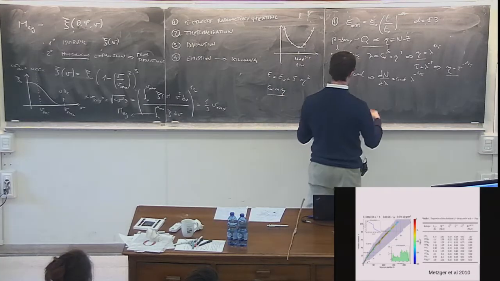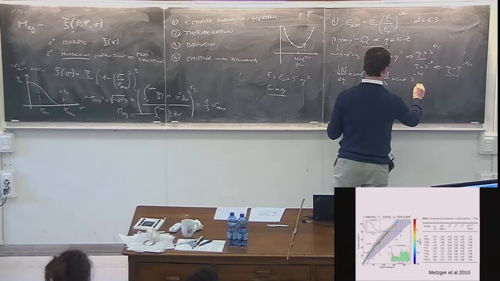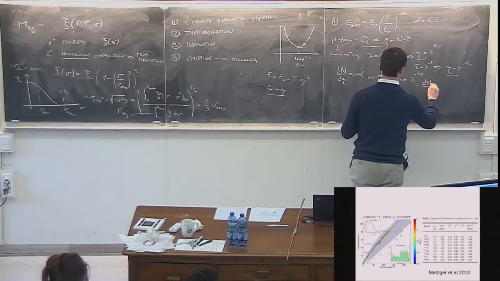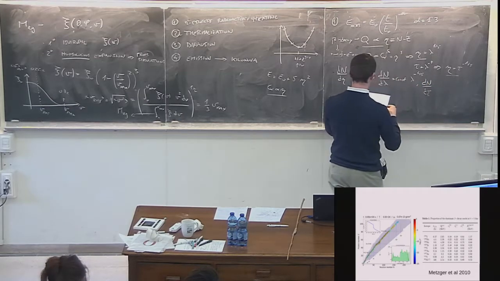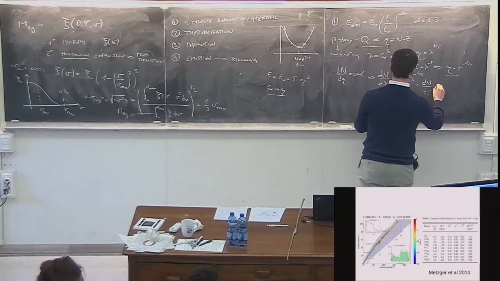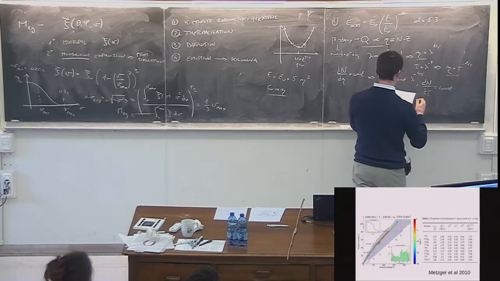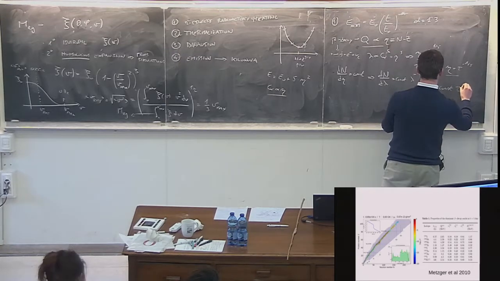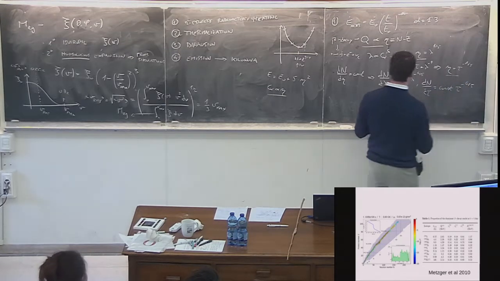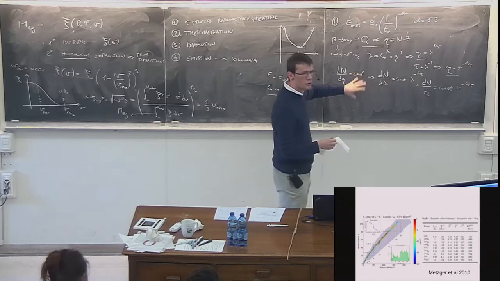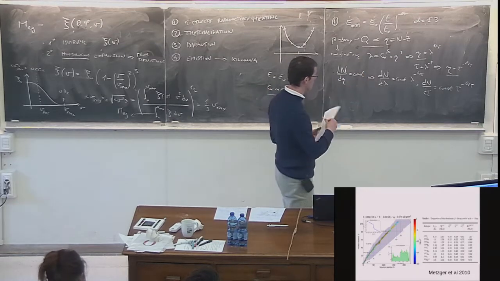You can also easily do the math. It's not an issue here. The dn over d tau. In this case, you end up with something that is equal to a constant times tau to the -6/5. You just have to use chain rules for the derivatives, nothing more than that.